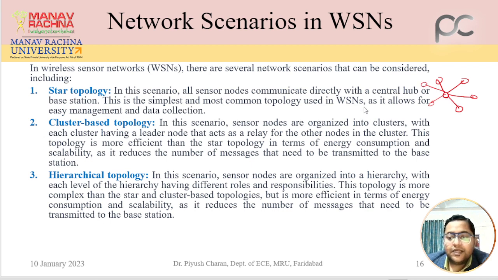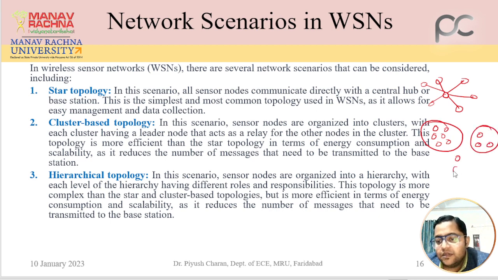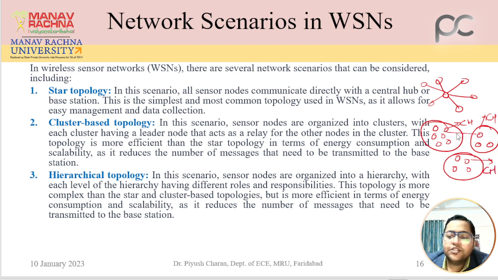Then a cluster based topology is where there are clusters, one cluster, second cluster, third cluster, in which each cluster has a cluster head, CH, which is responsible for communication between the clusters.